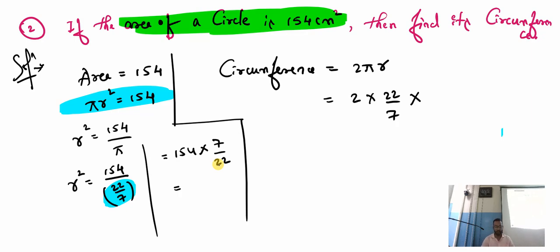What is 154 into 7? Make it fast. Do you want me to multiply this?